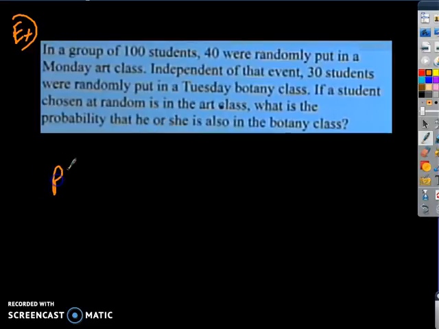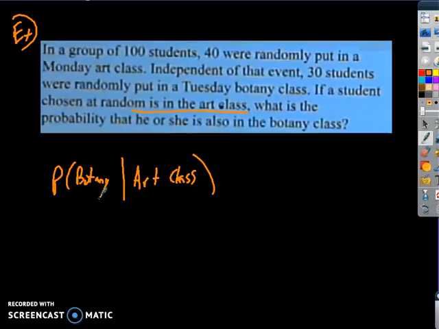So this is our conditional probability. Given is they're already in art class, and we want to know the probability of them also being in a botany class.